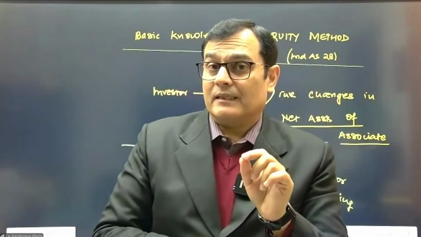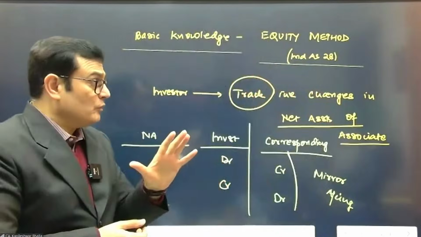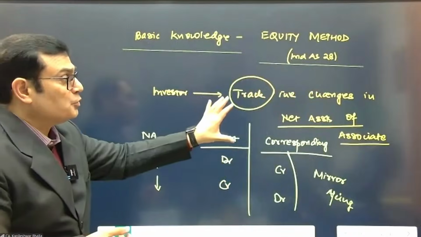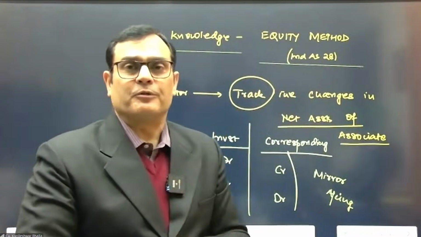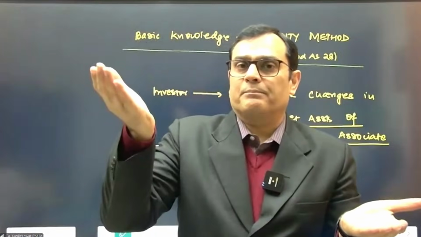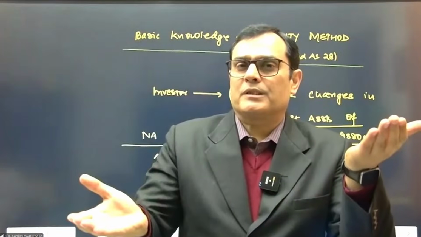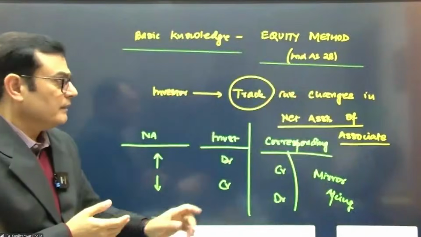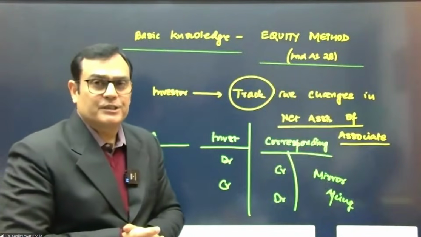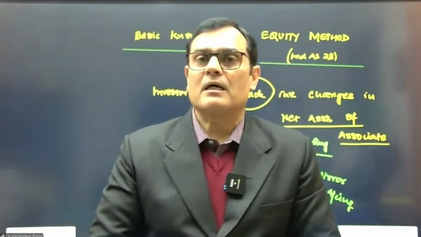So the entire accounting has two aspects. One is you track the changes in the net assets and the investment gets a debit or credit. When the net assets go up, investment debit. Net assets go down, investment gets a credit. Second, the corresponding credits or debits will be a mirror accounting.